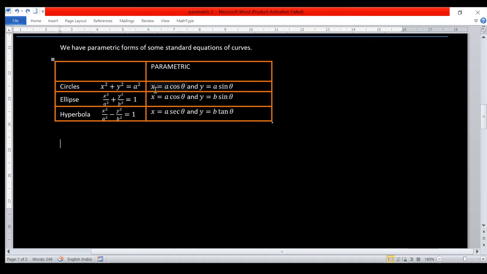If you substitute the x value and y value into these equations, we can verify them: the first by substituting x is equal to a cos theta, y equal to a sin theta, the second through the second pair, and the hyperbola also through x is equal to a secant theta and y is equal to b tan theta. Therefore they are called a set of parametric equations of this curve.